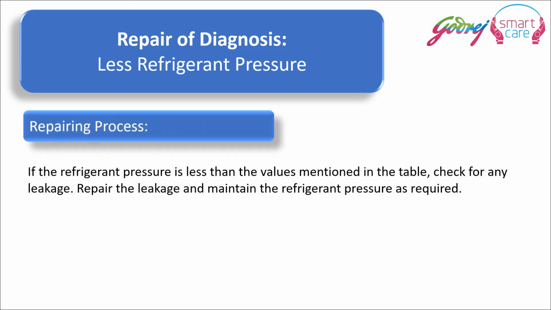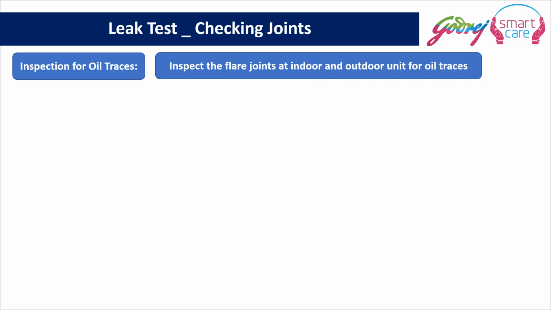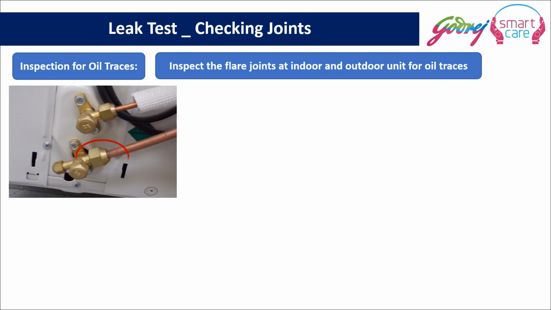If the refrigerant pressure is less than the values mentioned in the table, we have to check for any leakage, repair the leakage and maintain the refrigerant pressure. We have to inspect for oil traces, inspect the flare joints at indoor and outdoor unit for oil traces.